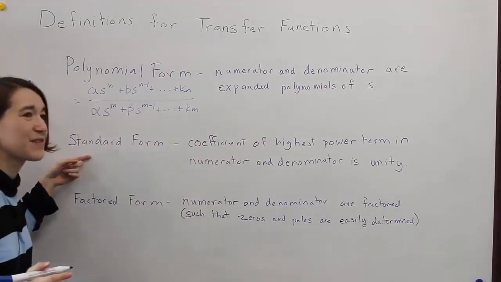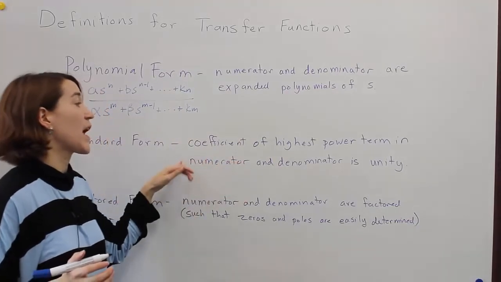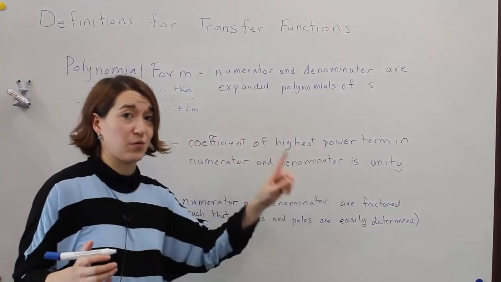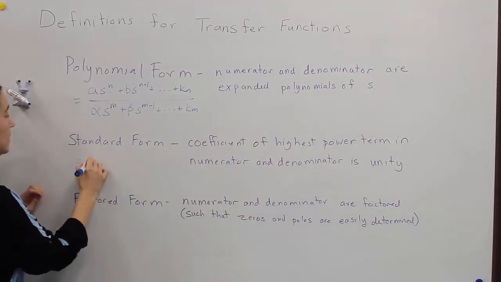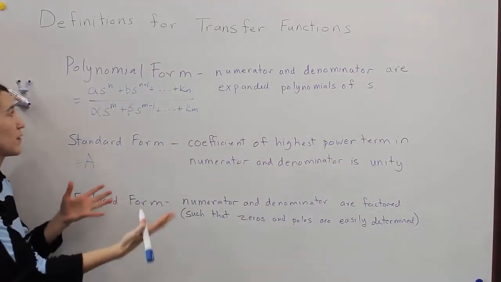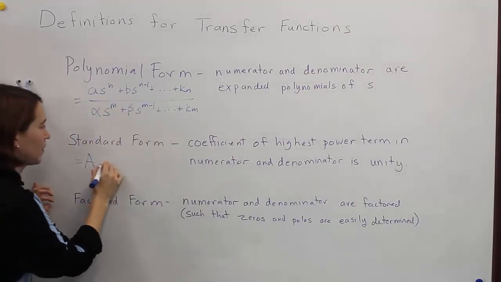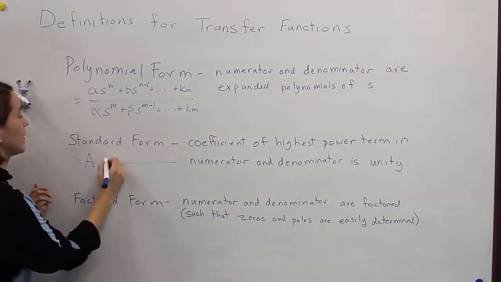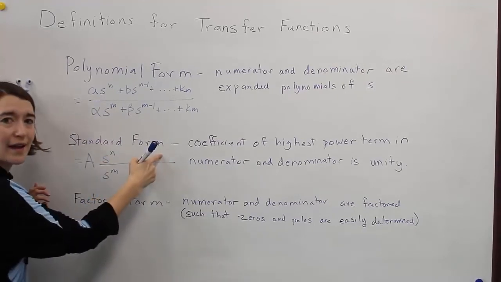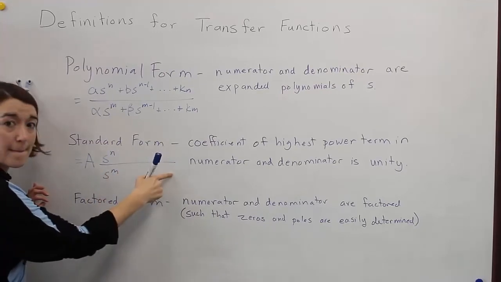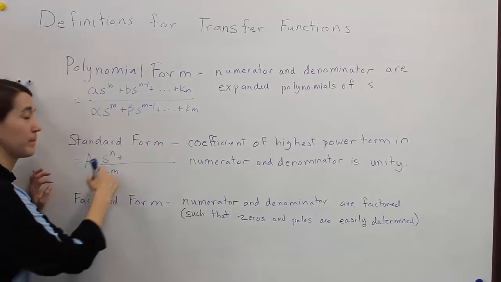And then standard form. The coefficient of the highest power term in the numerator and the denominator is unity, which is 1. So we can also represent that as you can have a factor in the front. It wouldn't matter. And then the important part is that the s to the n and s to the m, so if this is n power and this is m power, then this coefficient is 1.